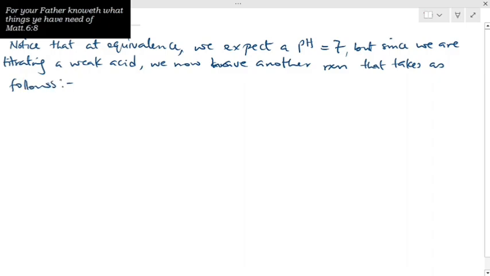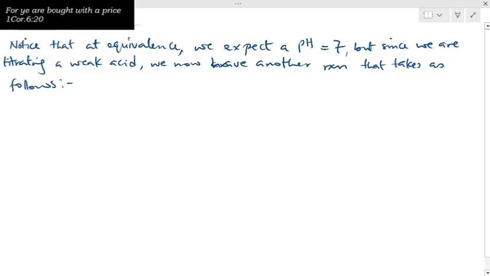So we have another reaction in which the conjugate base that is formed in the solution when we titrated a weak acid now reacts with water, and what that gives you is a new equilibrium.